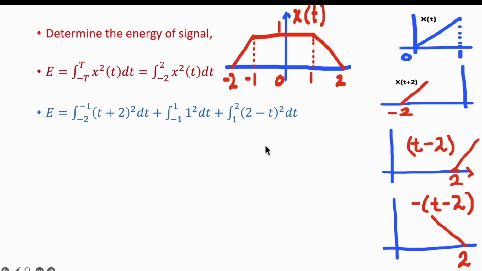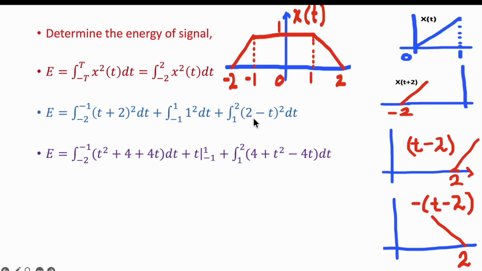You just need to insert these equations in the energy equation. From minus 2 to minus 1, the shifted ramp function was t plus 2, then from minus 1 to 1, the value was 1, and then from 1 to 2, it was also a shifted and reflected ramp function.